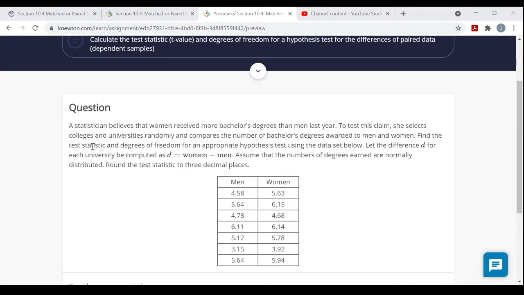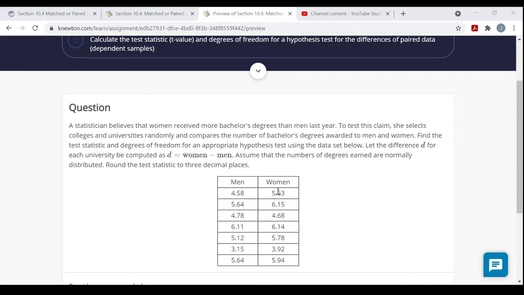Find the test statistic and degrees of freedom for an appropriate hypothesis test using the data set below. Let the difference D for each university be computed as the number of degrees awarded to women minus degrees awarded to men.